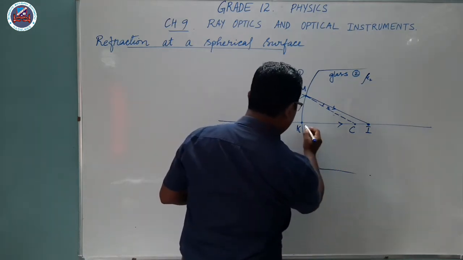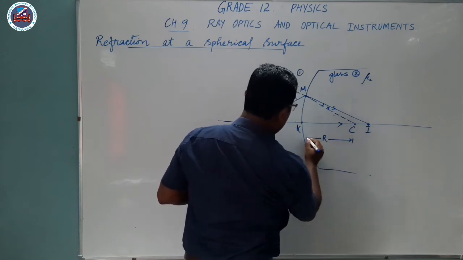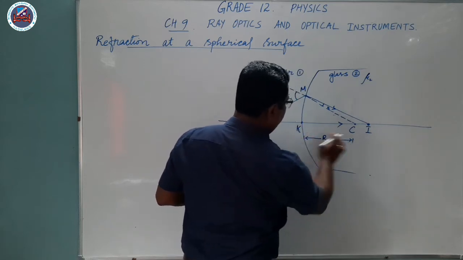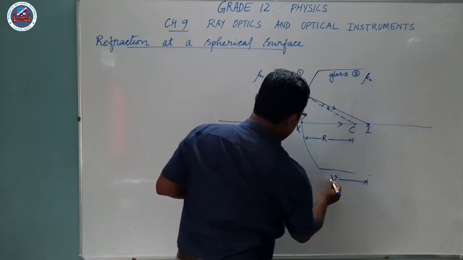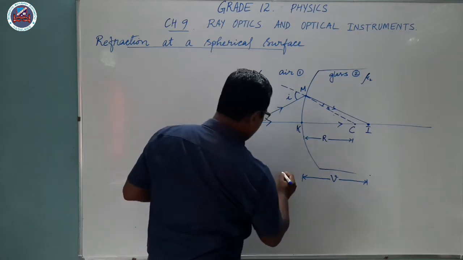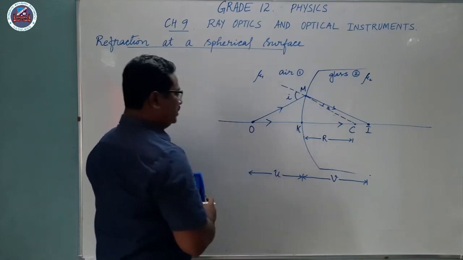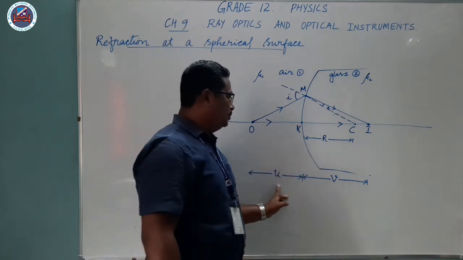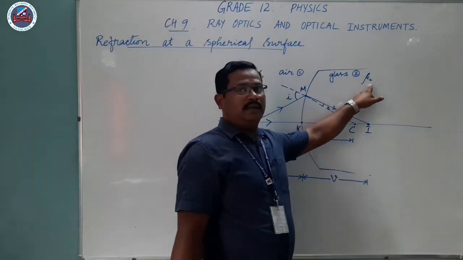This is the radius of curvature, from K to C. Then from K to I is the image distance, I am marking here V, and from O to K is your object distance, U. There exists a relation between R, U, V and the refractive indices mu1 and mu2.